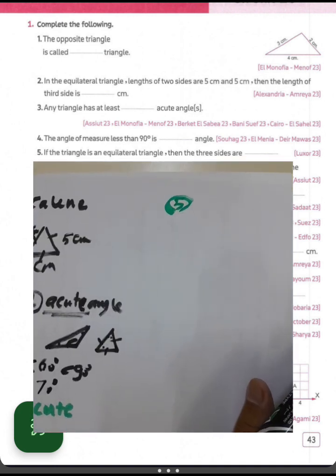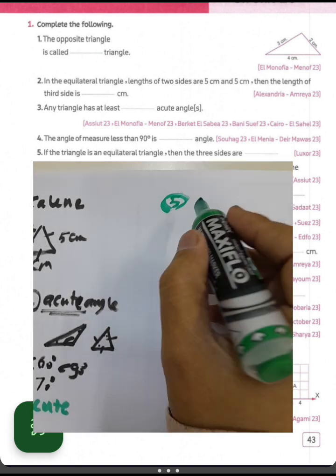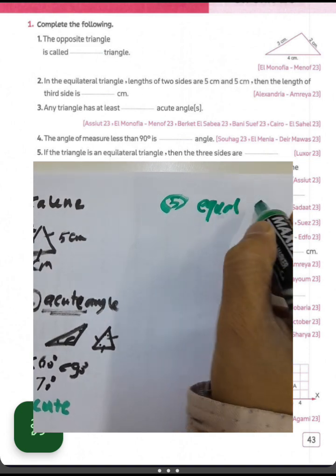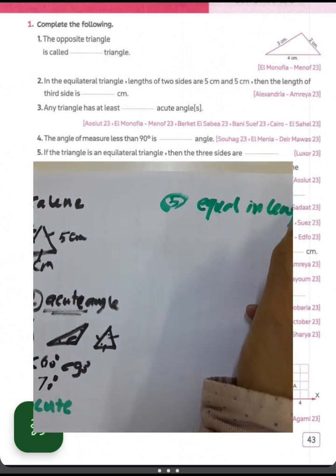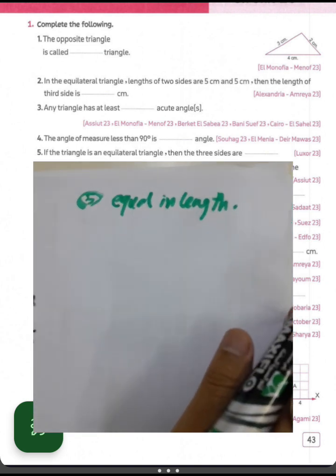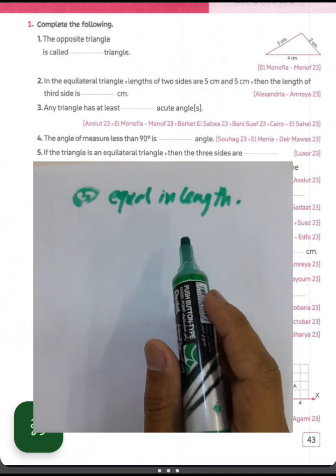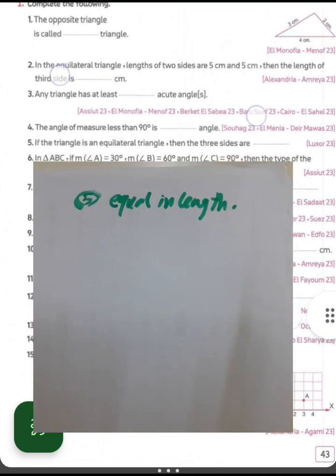If the triangle is an equilateral triangle, then the 3 sides are equal in length. We can write here equal lengths.